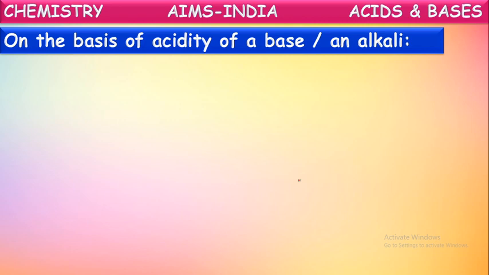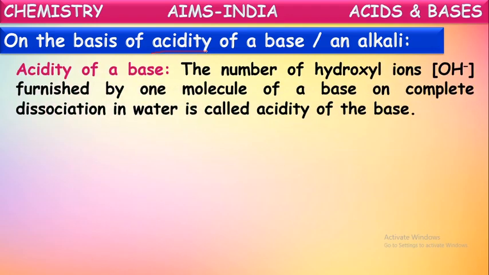On the basis of acidity of a base. What is the meaning of acidity here? Let us see. Acidity of a base is defined as the number of hydroxyl ions furnished or liberated by one molecule of a base on complete dissociation in water.